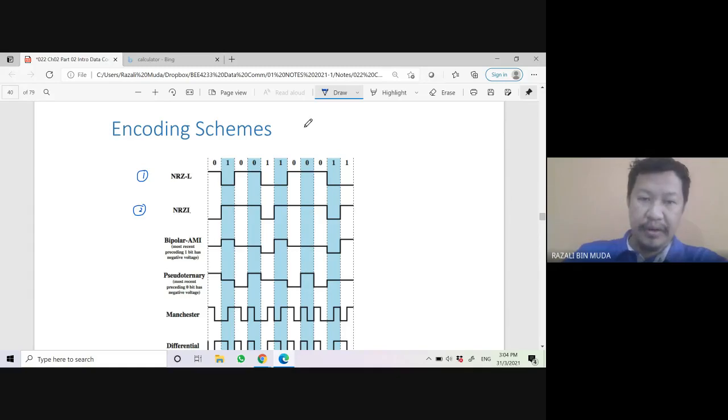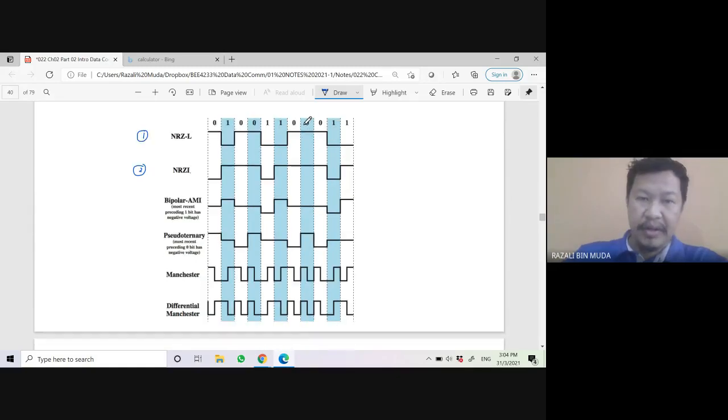I is what? Okay. The third is bipolar AMI. Number 4 is pseudo ternary. Number 5 is Manchester. And number 6 is differential Manchester.